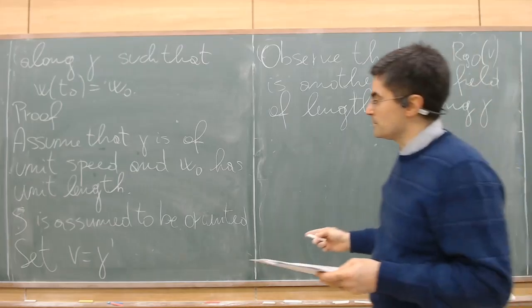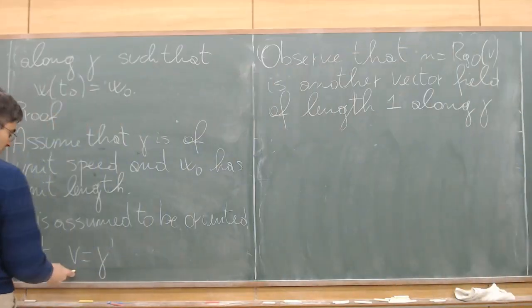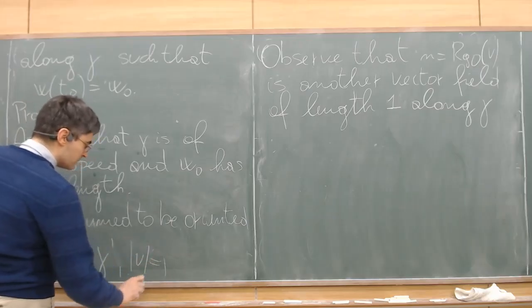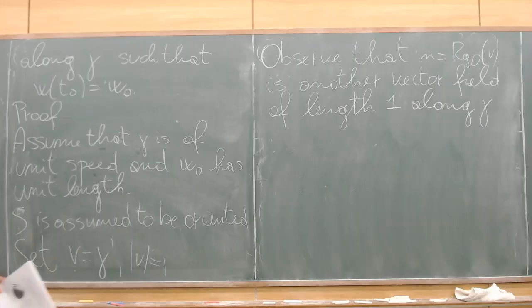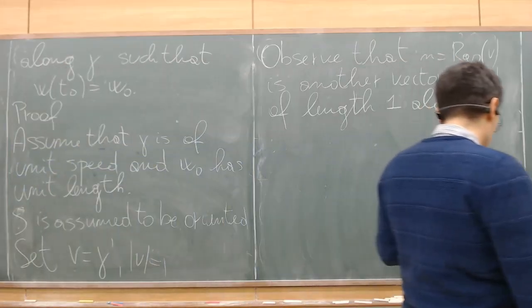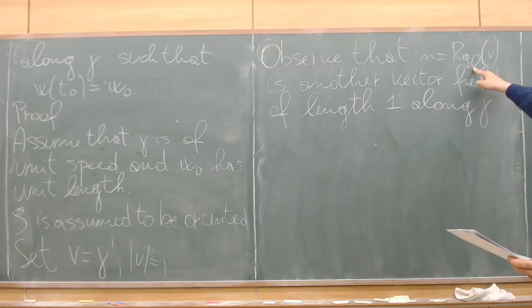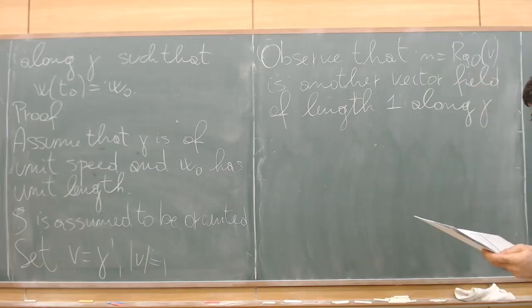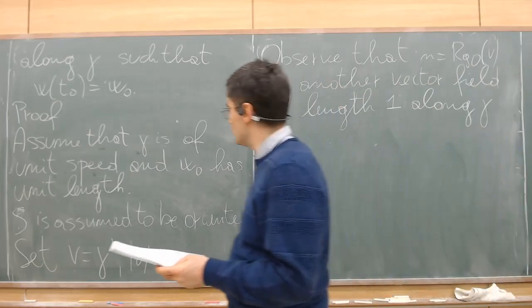Why? Because V has length 1 by assumption, and R90 is the rotation by 90 degrees in the counterclockwise direction with respect to the orientation.